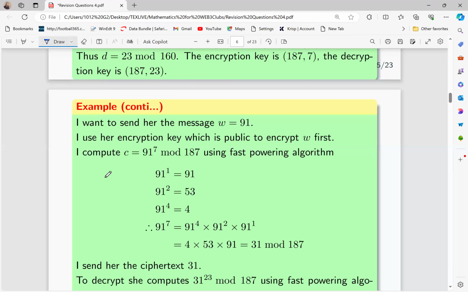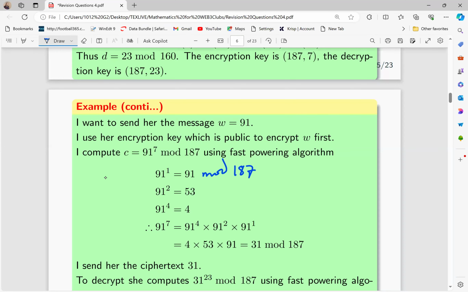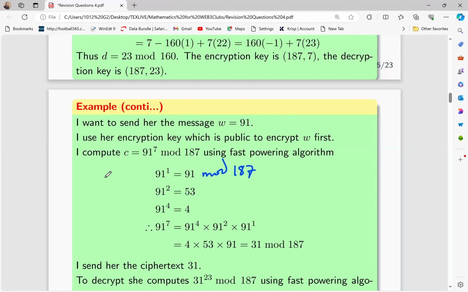The first thing we do is work mod 187. So take 91 raised to 1, which is 91. You have your calculator there? Just get it from your phone.